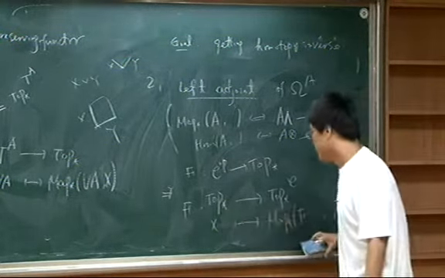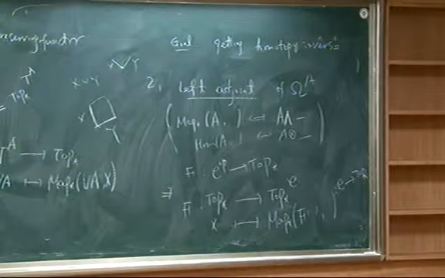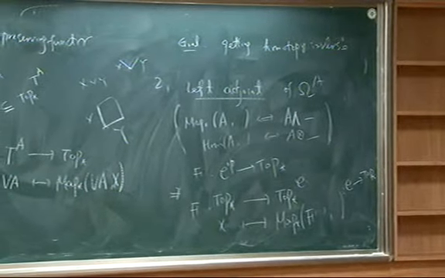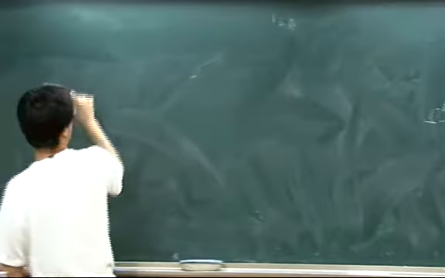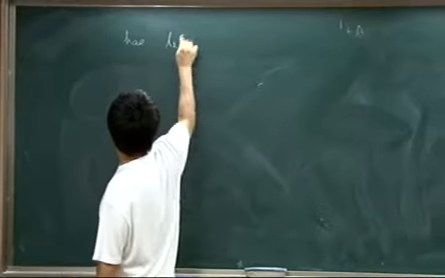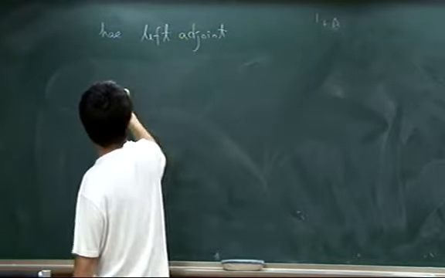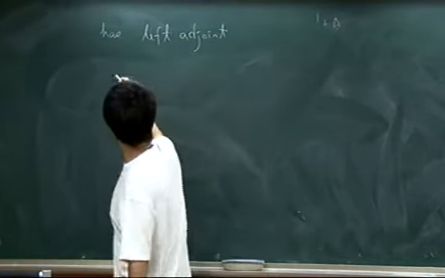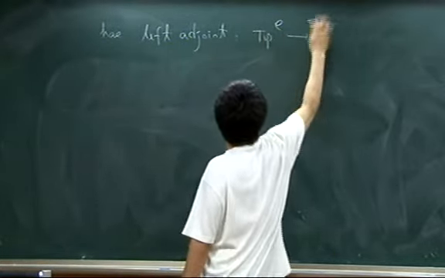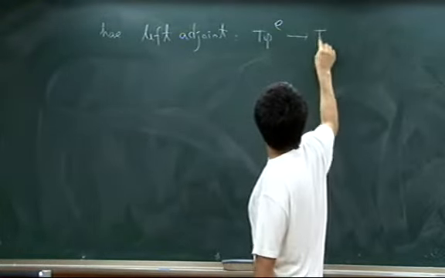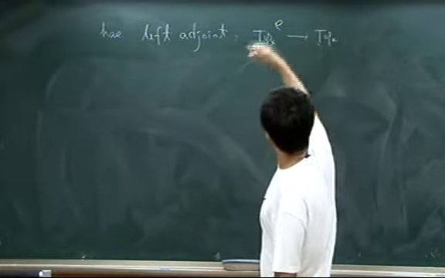So the adjoint functor is the following. We need to construct this kind of functors, which is your left adjoint.